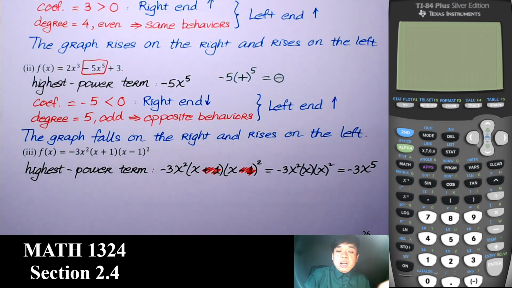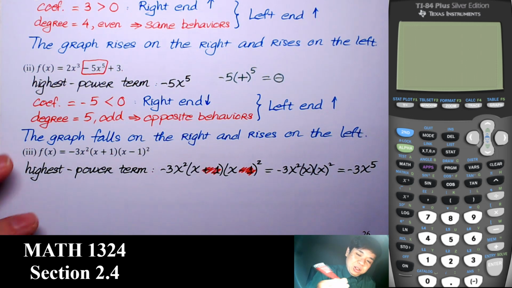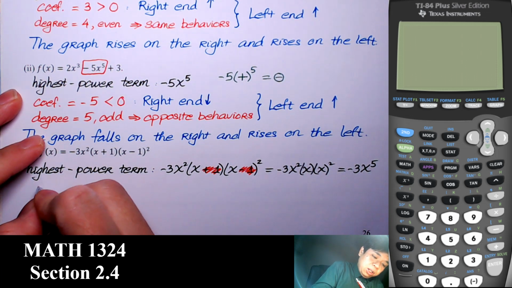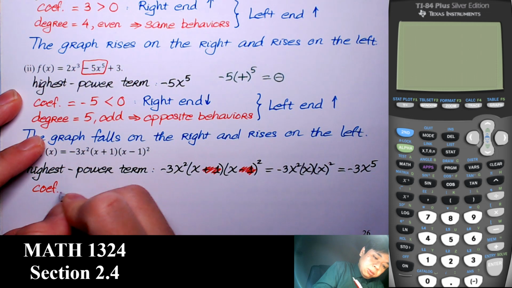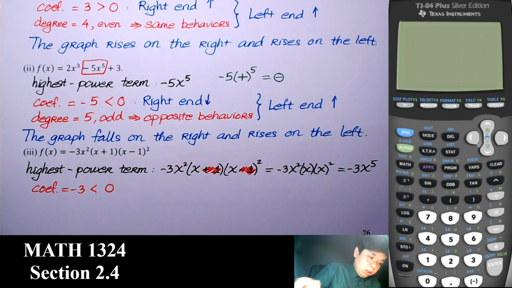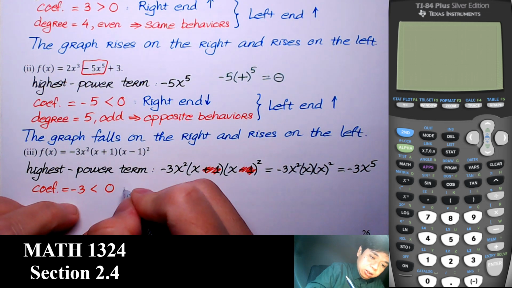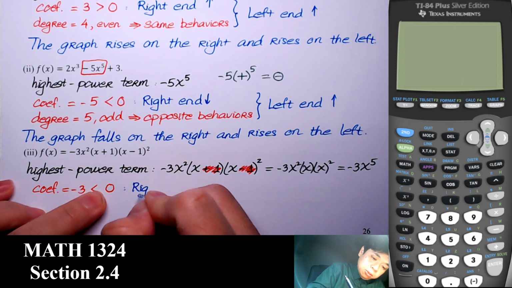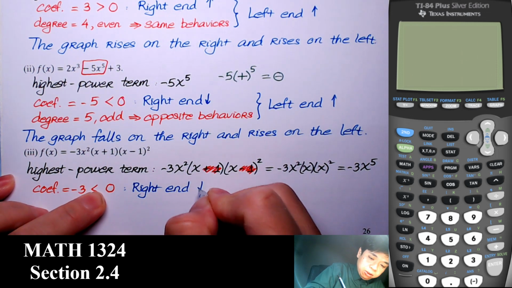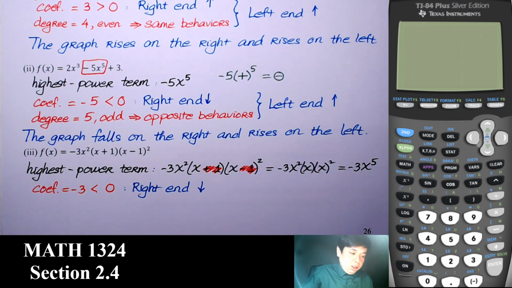And of course that will be the same as this. So we still say the coefficient is negative 3, which is negative. So the right end goes down, and then the degree is 5.